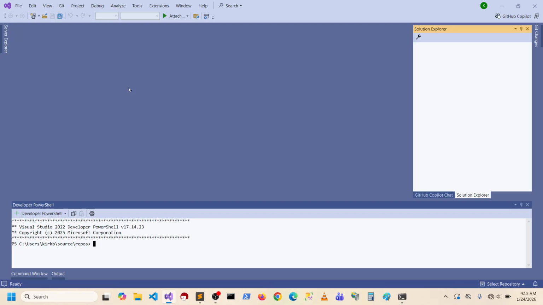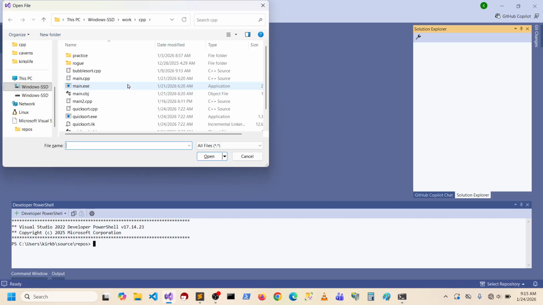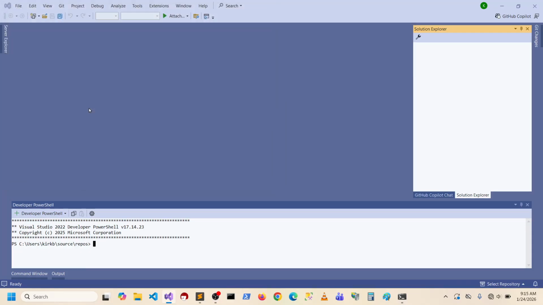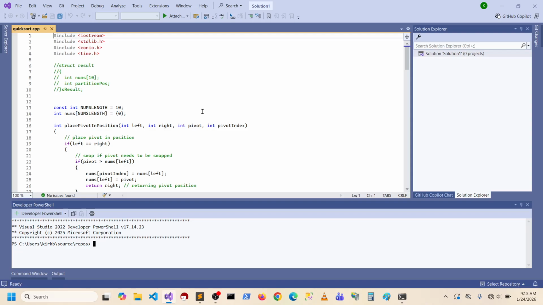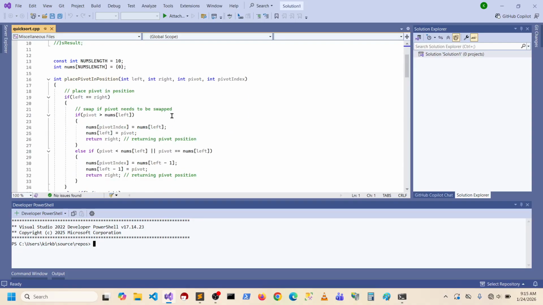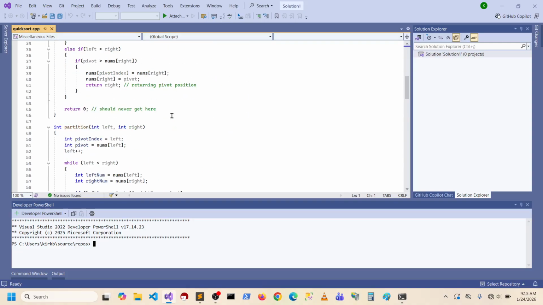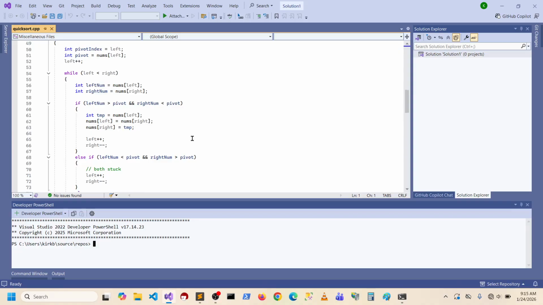Let's do a Control O. Control O. Load it up. All right. That's been so many years in this IDE.